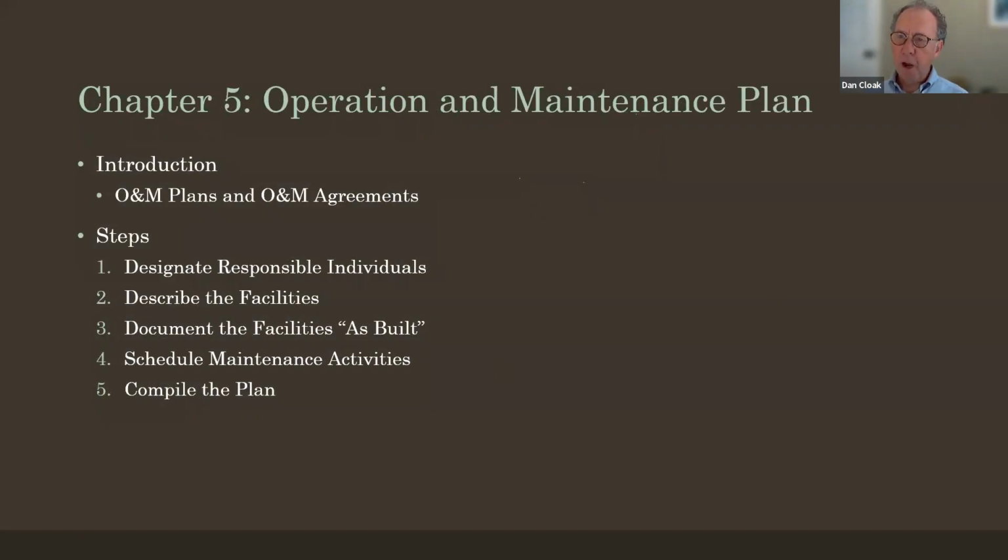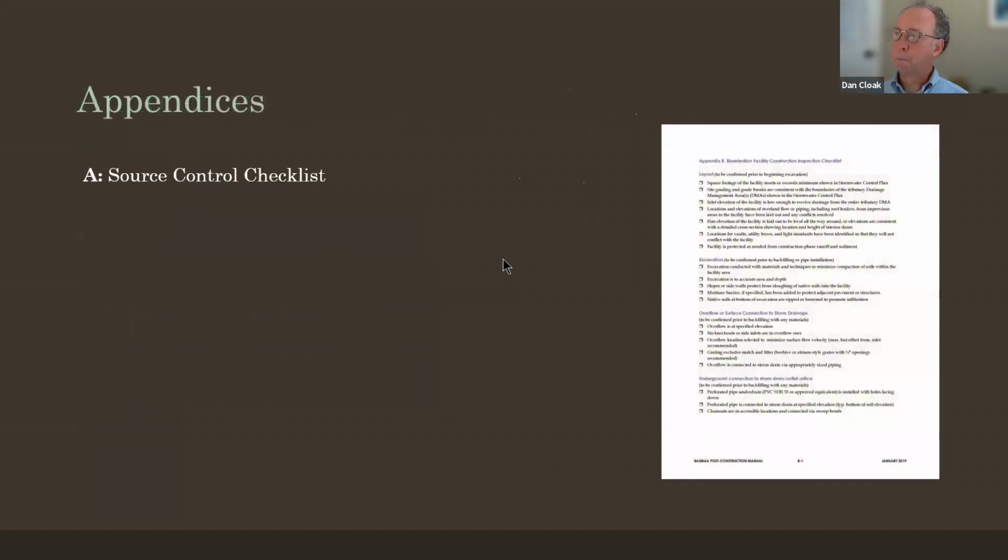And then chapter 5 covers how to prepare an operation and maintenance plan, and keeping in the style of the manual, it has a step-by-step approach to preparing it. There are a series of appendices.